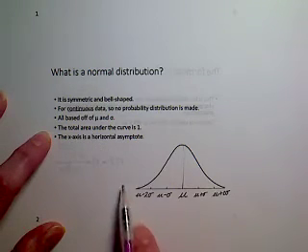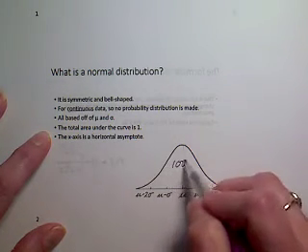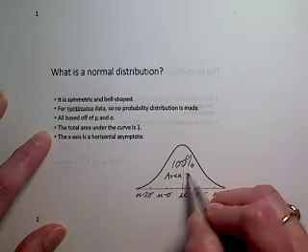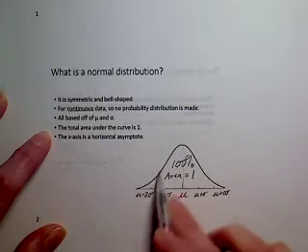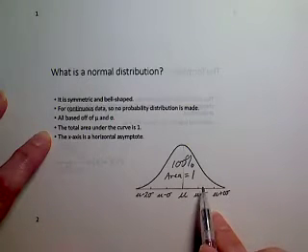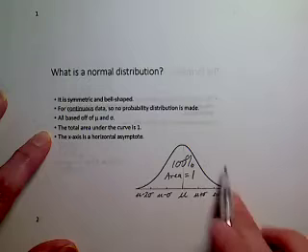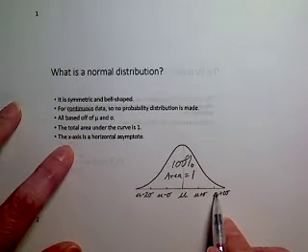Remember that the total percentage under here is 100%, and 100% written as a decimal is 1. So the area underneath this curve is 1. It's 100% of all the probabilities put together.